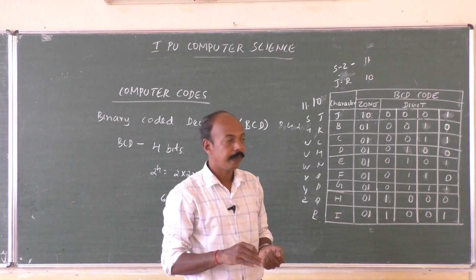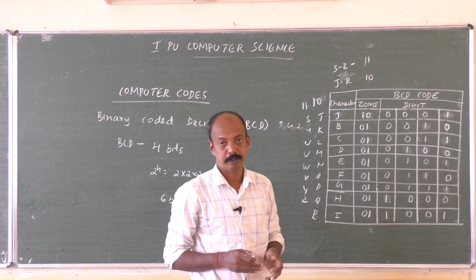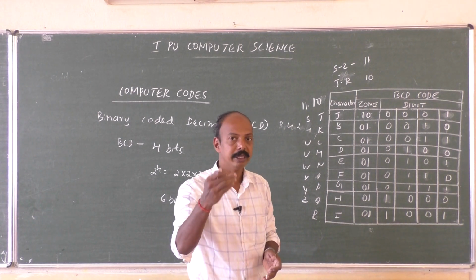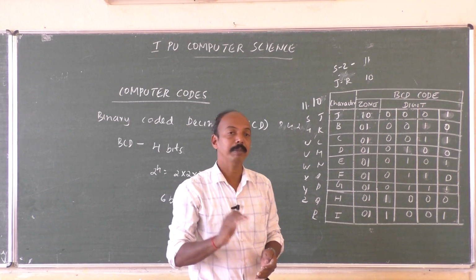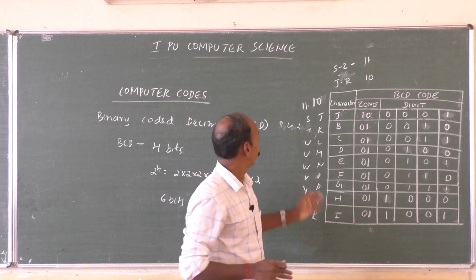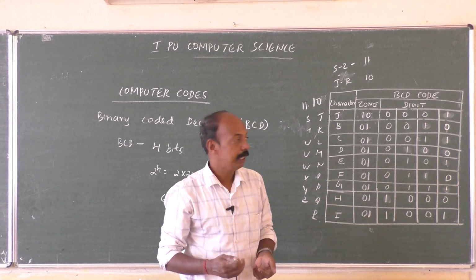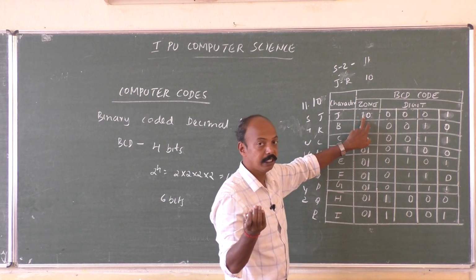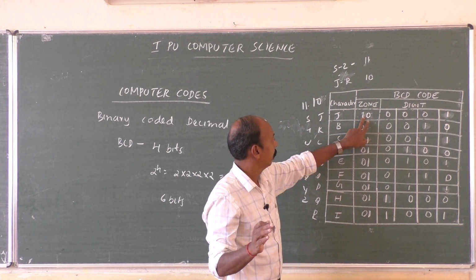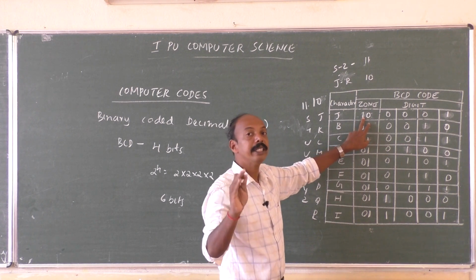After that, we have 1, 2, 3, 4, 5, 6, 7, 8, 9 and 0. Don't start from 0, start from 1, 2, 3, 4, 5, 6, 7, 8, 9. It's for numbers. This is for alphabets. So when we come across the numbers, different combinations with respect to 2 bits we can have: 0 1, 1 0, 1 1, and the remaining is 0 0.